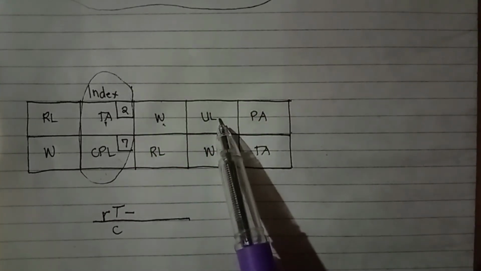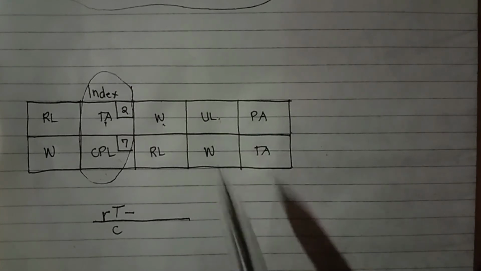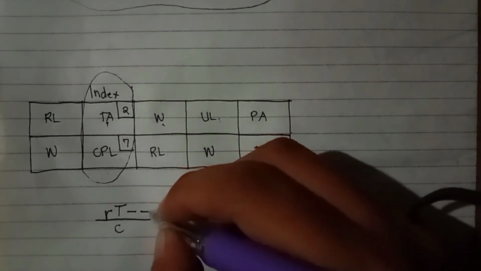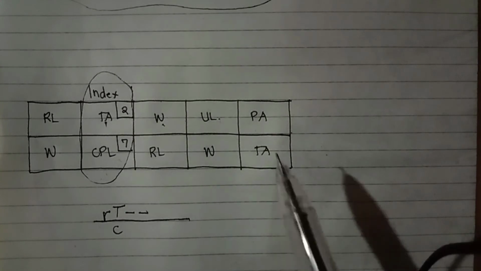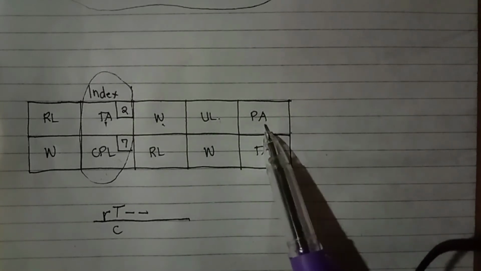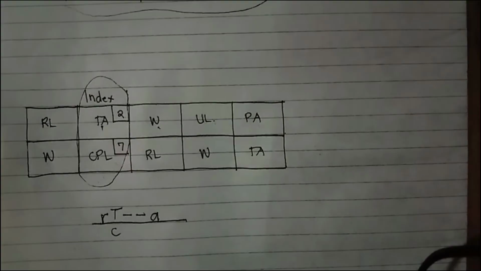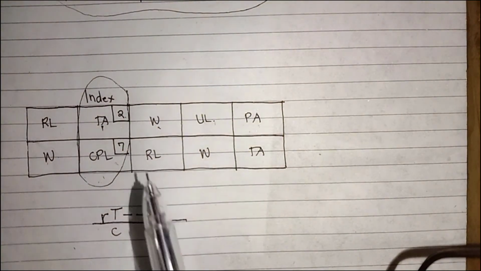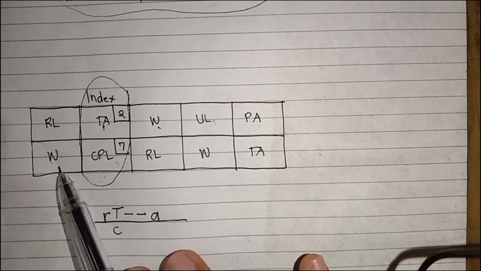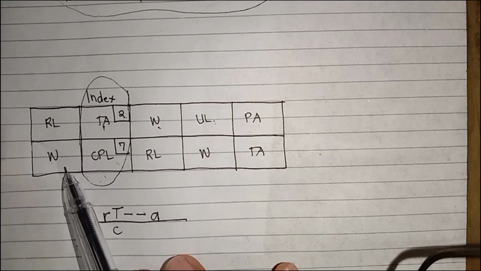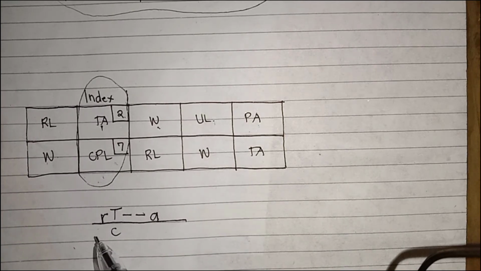Ulnar loop is not included again, so leave it dash. Plain arc belongs to the rat, so we will put it in small letter a. Whorl is not part of the rat, so leave it blank.